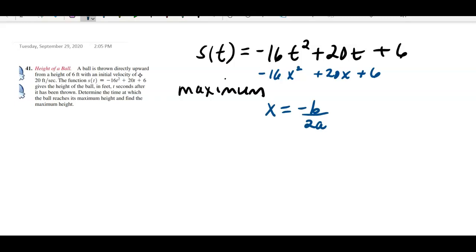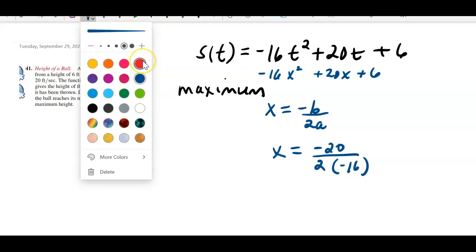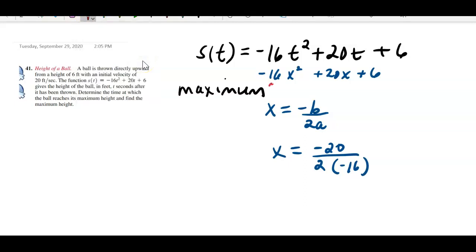It's where we'll have our x coordinate of the vertex or axis of symmetry. So x is going to equal negative 20 divided by 2 times negative 16. And again, we got these pieces of information from the standard form and from identifying our a, b, and c.